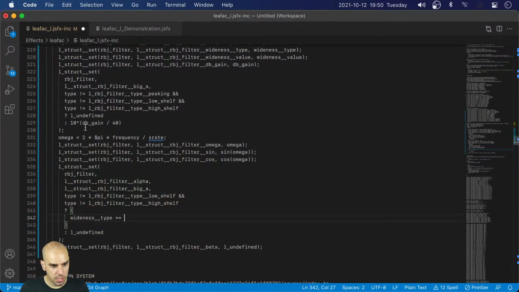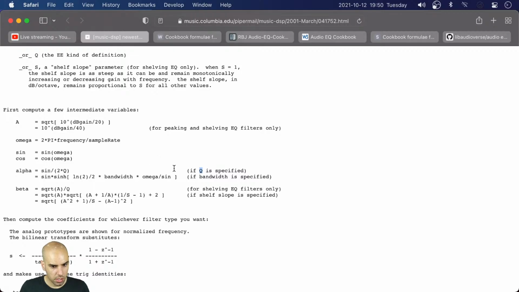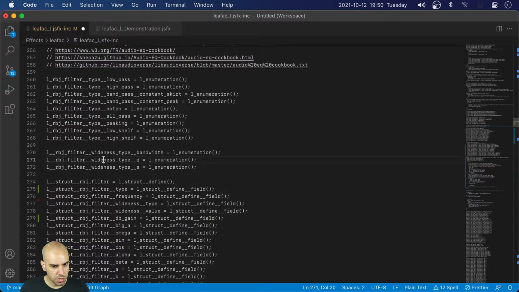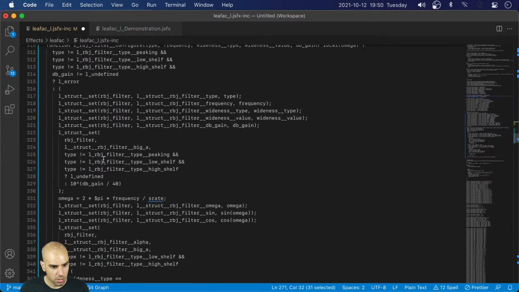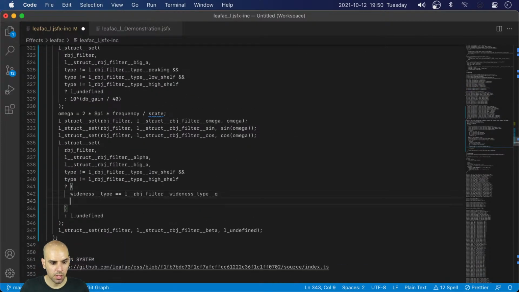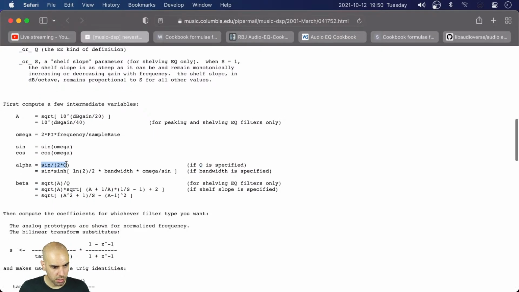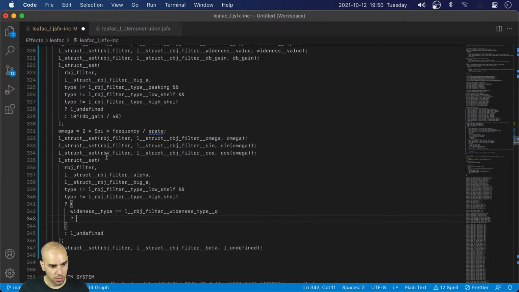And if it is Q, yes, Q comes first, then I'm going to compute using this formula, which uses this thing above.